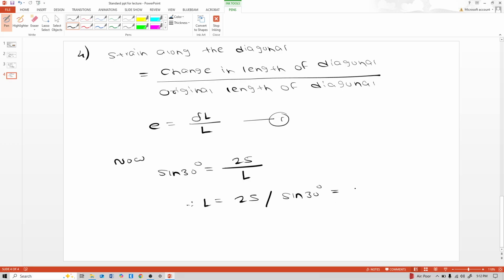That means this is 50 mm. Length of diagonal is 50 mm.